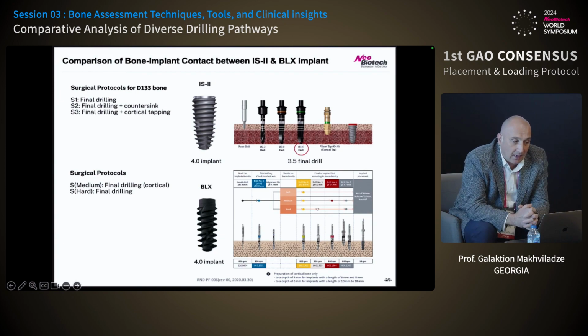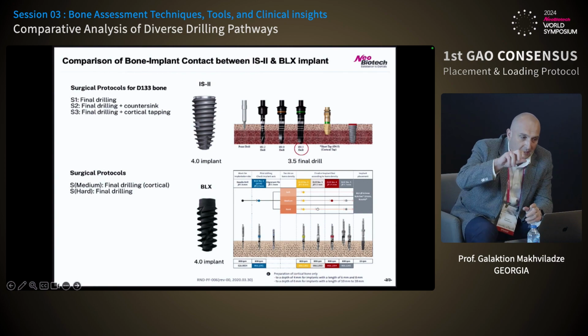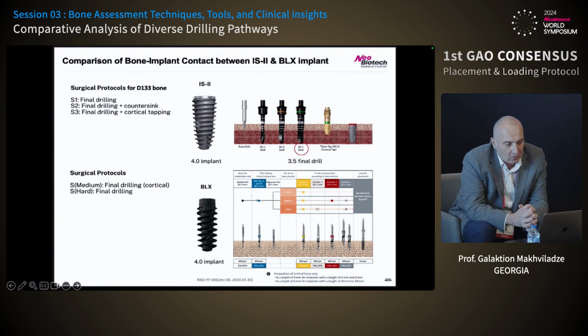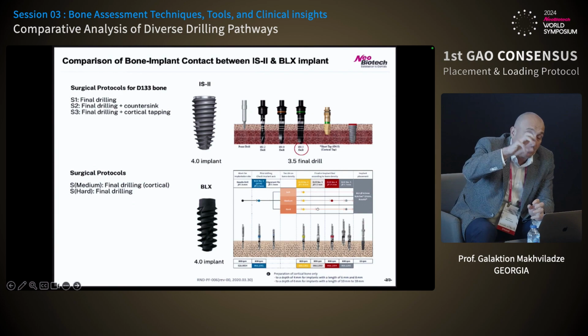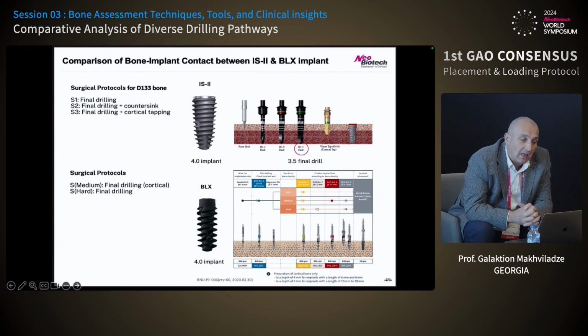And the second scenario, scenario 3, is the final drilling with cortical taping. But in case of the BLX implant, we have final drilling and cortical taping sometimes, only in the cortical part, in the medium bone, and in case of hard bone, we need to make final drilling.